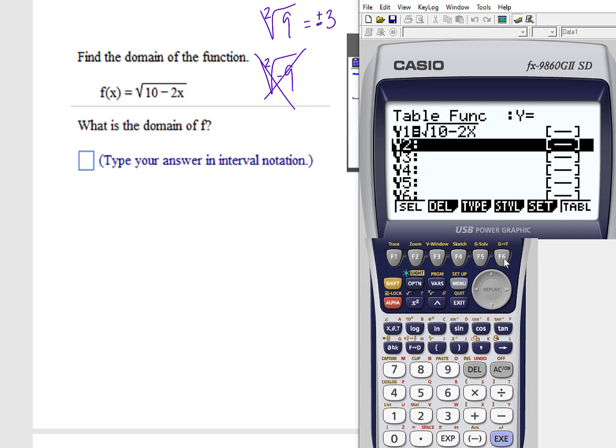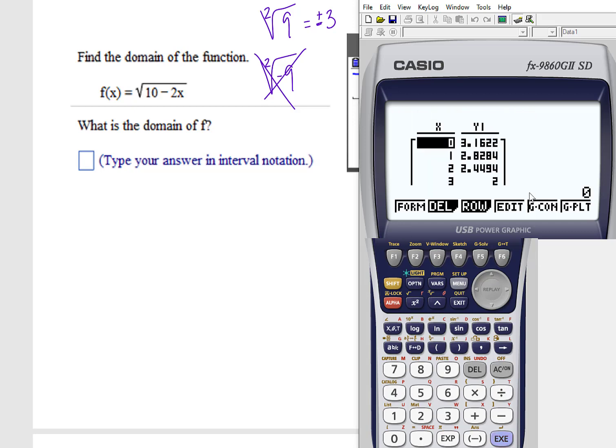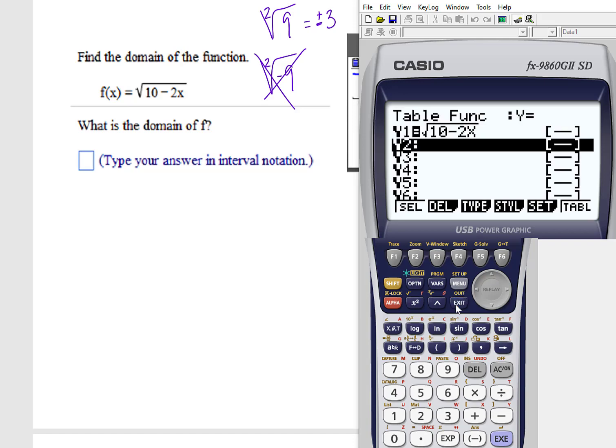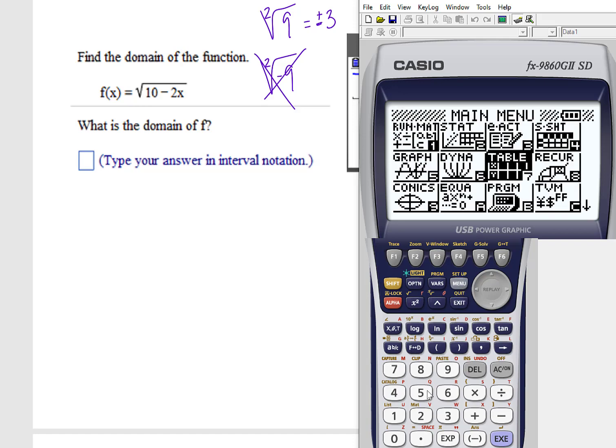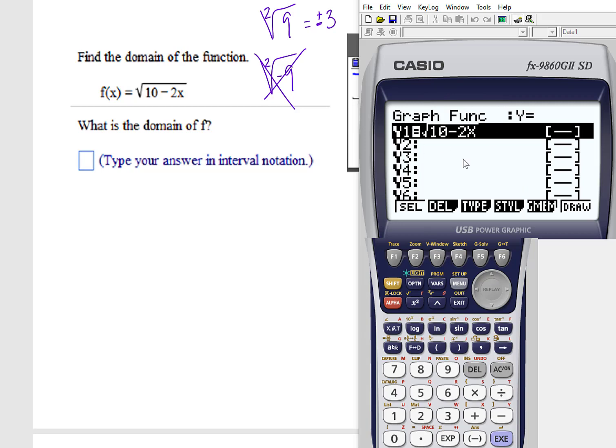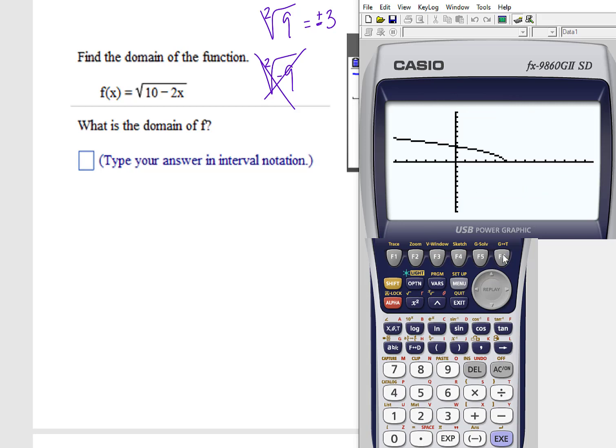Execute it. Oh, I'm in a table. Let me go back out to menu, get in the graph. The good thing is when you enter it into the table, then it's in the graph, or vice versa. If you enter it into the graph, then it's already over into the table. Okay, so we get the same picture, right?